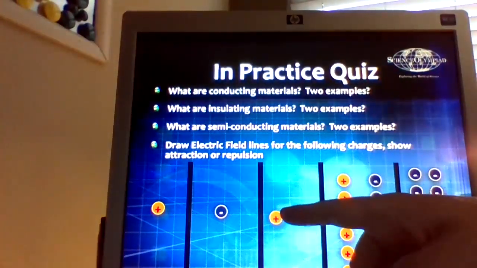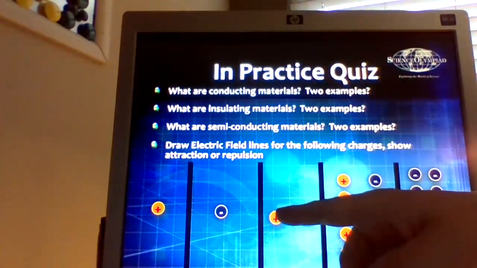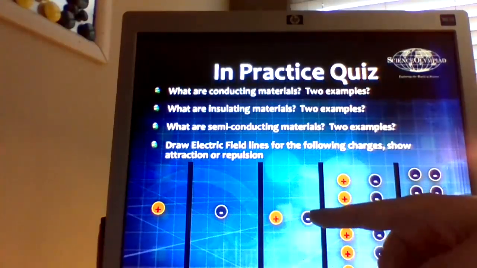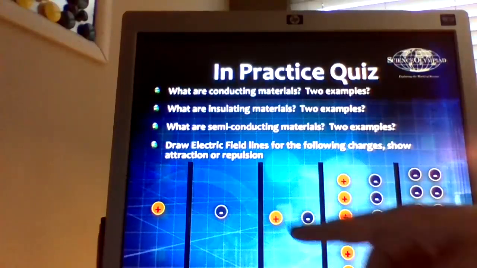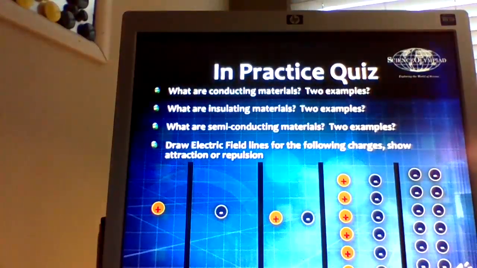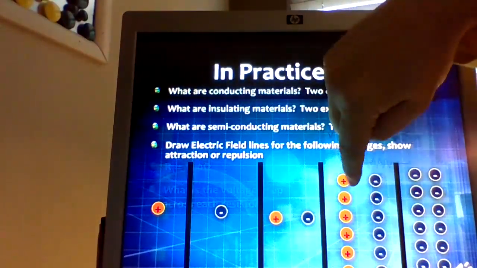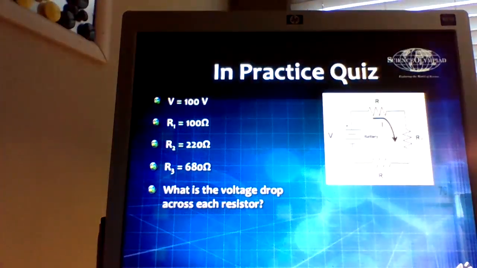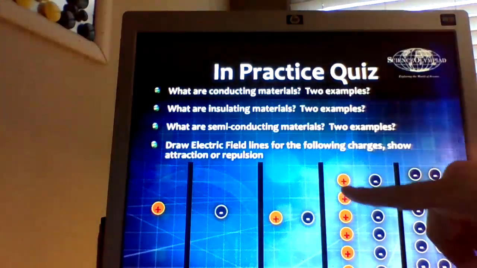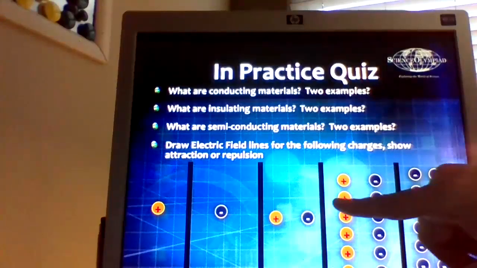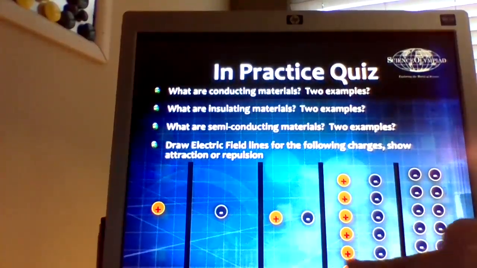In this case, you would have lines that would go from the positive to the negative. So from the sun to the black hole, if you will. And these two would be attracted to each other because they're opposite. In this case, all the lines would end up going from one to the other. And so they'd all be pretty straight.